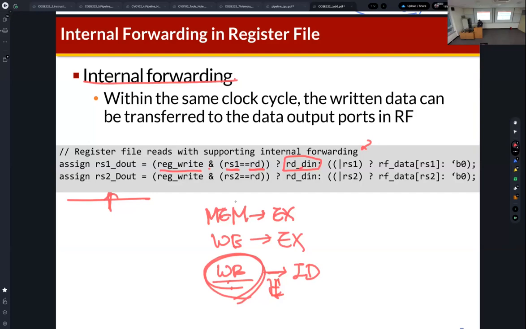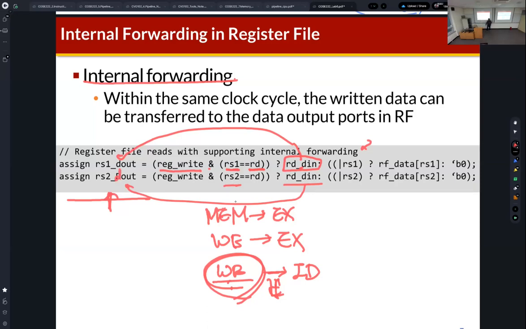Then the data is forwarded to the RS1 data output. The RS2 is the same. If RS2 is equal to the RD, then the RD in is forwarded to the RS2 output.